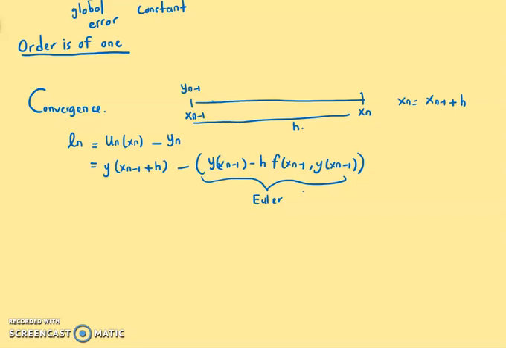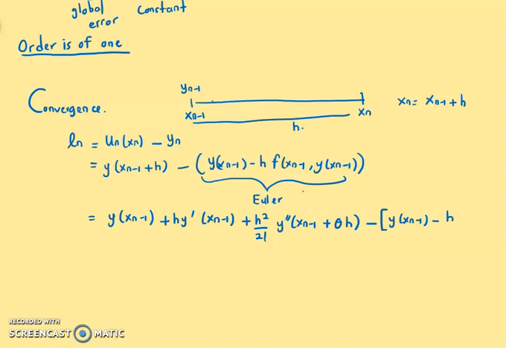By the Taylor series expansion, expanding this in terms of series, we have y at x n minus 1 plus h y prime of x n minus 1, plus h squared over 2 factorial y double prime of x n minus 1 plus theta h, minus this whole term y at x n minus 1 minus h. I can write f as y prime of x n minus 1.